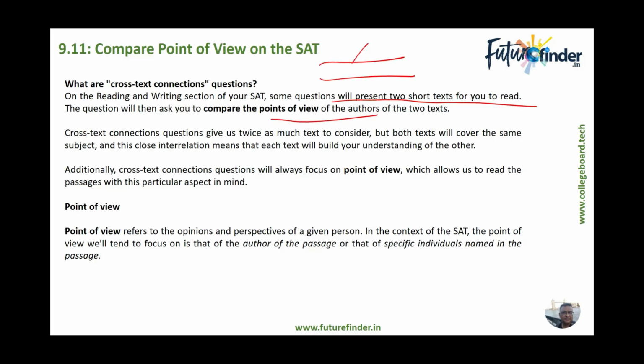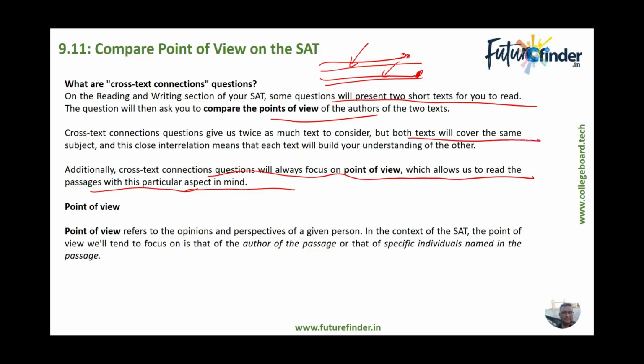We have to identify the point of view with which the author of text 1 has written a certain text, and we have to identify the point of view of the author of text 2. Both of these texts will be on the same subject. Cross text connection will always point to the point of view, so we can read with that particular aspect in mind.